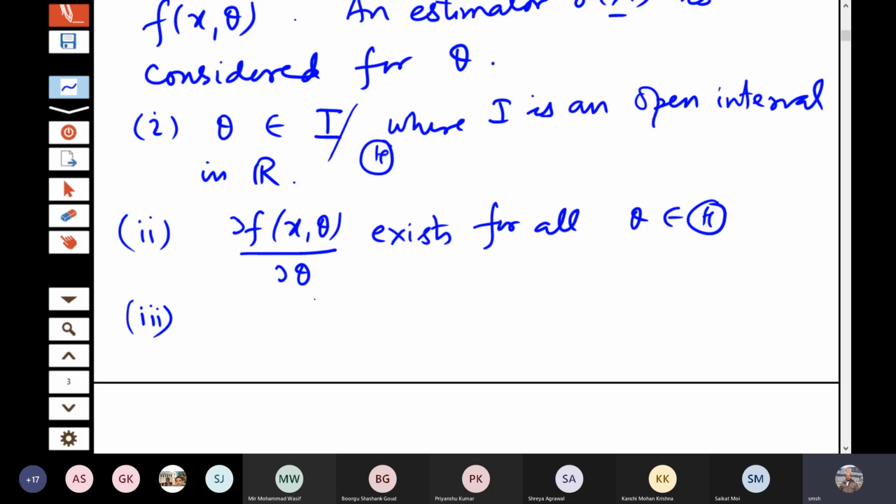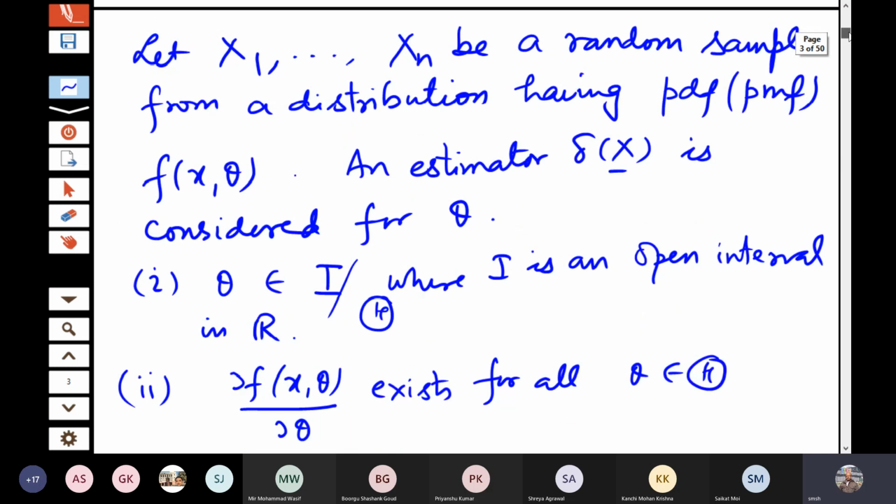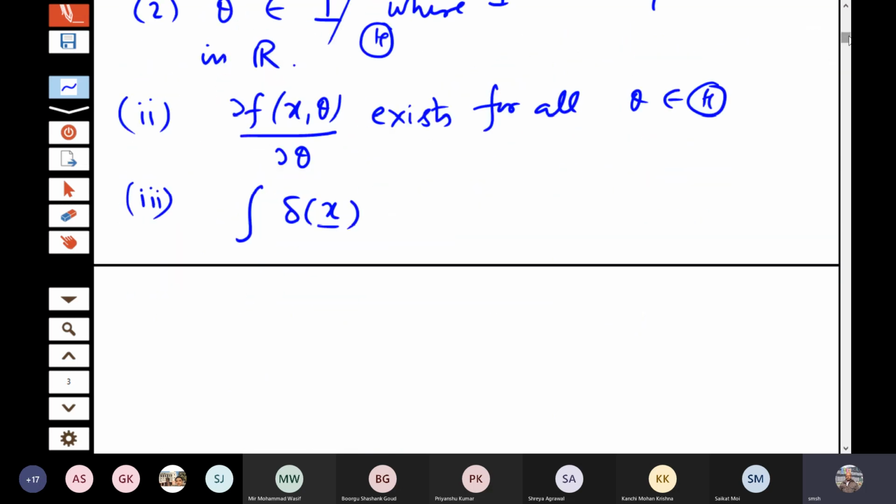Then we consider another condition, that is, delta(x). Delta is an estimator, as I mentioned. For that estimator, we should be able to write down this joint expectation.